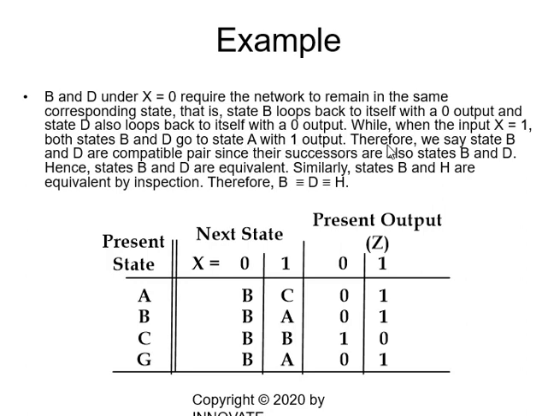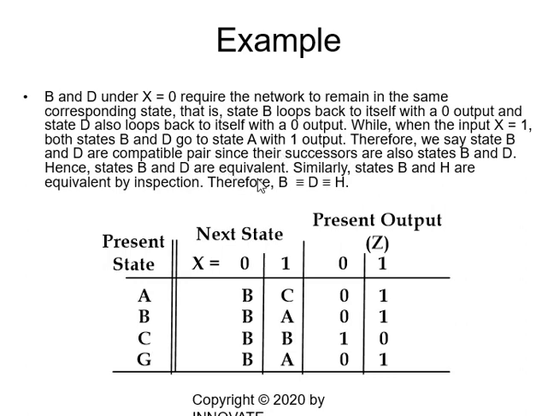Therefore, we say state B and D are a compatible pair, since their successors are also states B and D. We are staying at B and we are staying at D, so they are compatible states. Hence, B and D are equivalent.